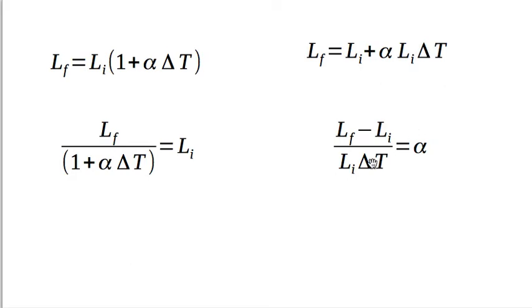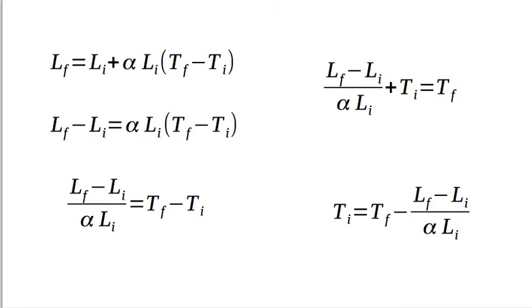I gotta pass it as a division. So it's LF minus Li divided by this. That's gonna be your coefficient of thermal expansion term. And this is going to be used, for example, if they ask for the coefficient of thermal expansion. When they ask you for that, you gotta use that equation.